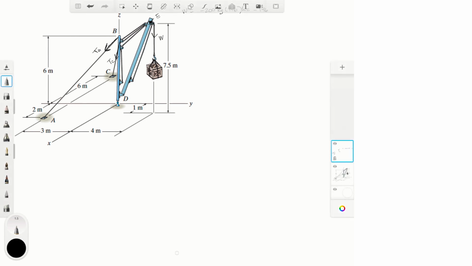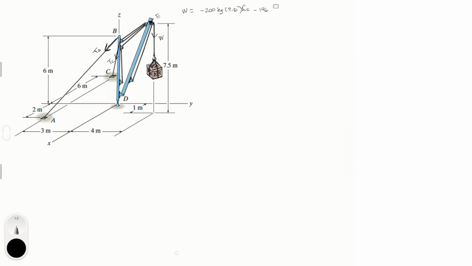We know that the weight is equal to minus 200 kilograms times 9.81, the acceleration of gravity, which is on the K direction, which is equal to minus 1962 in the K. It won't let me draw the 2.